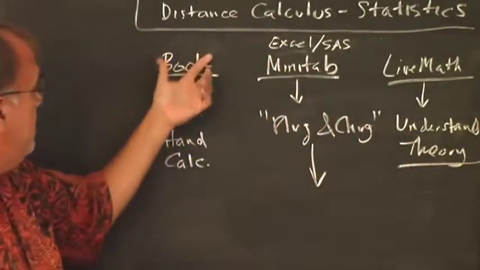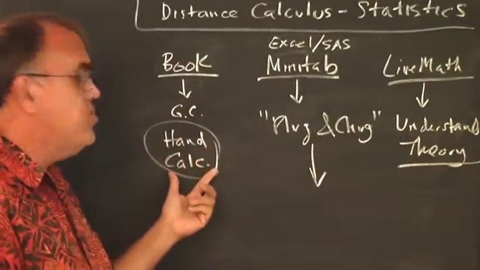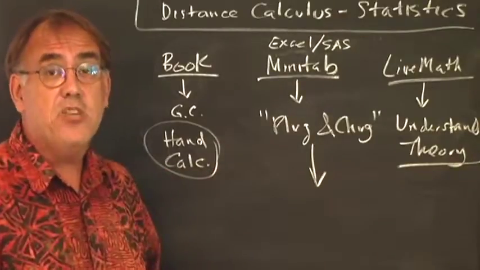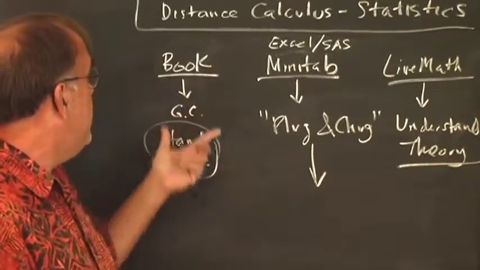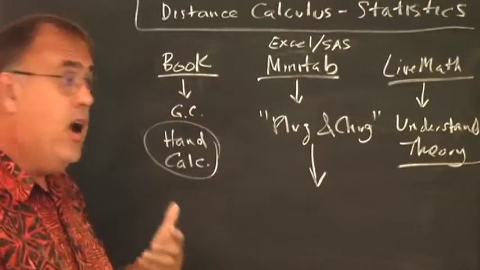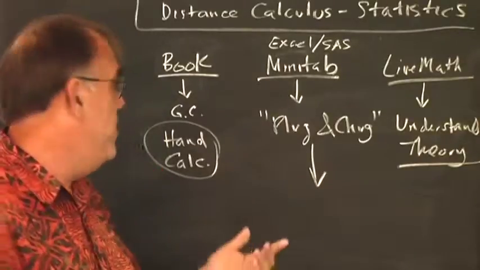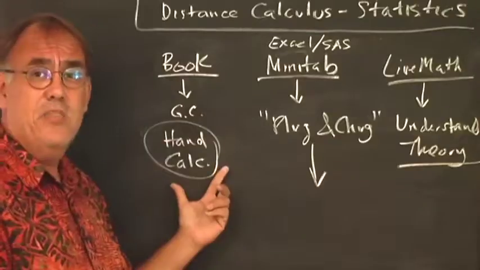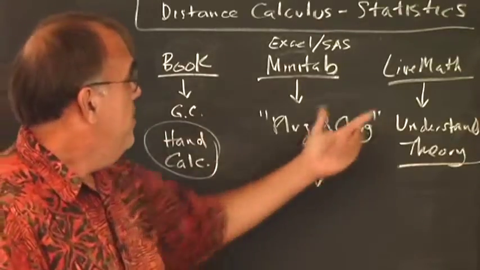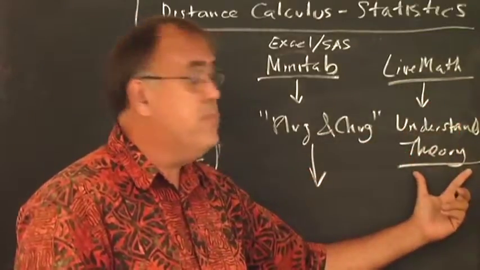The problem over here in the book course is that you're pretty much required to do all of your calculations by hand, which makes for a very tedious course, and it means that the data sets that you're able to study over here in Bookland are very small. It's usually like 10 data points or 15 data points because it gets pretty, not so much fun to do these things by hand. So we feel that our course is kind of a nice little middle ground.